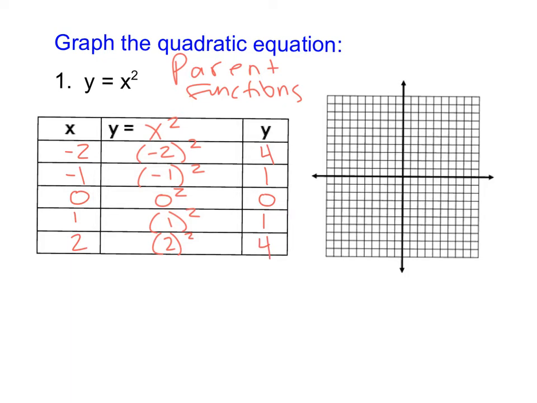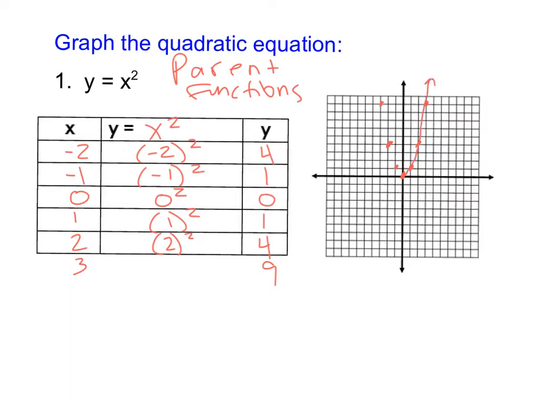So now let's plot them. Negative 2, 4, negative 1, 1, 0, 0, 1, 1, and 2, 4. And then we could even do negative 3 and 3. 3 squared is 9. Negative 3 squared is 9.